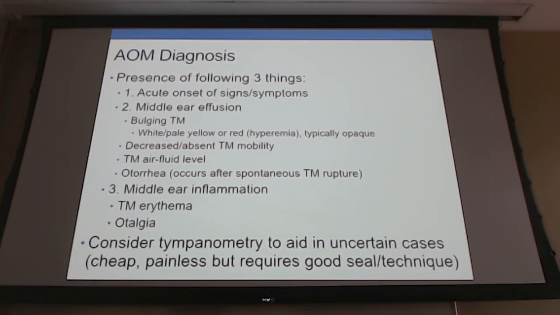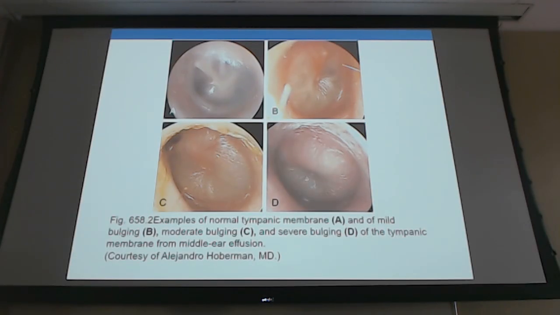I think most clinics do not have a tympanometry anymore. If you find it and have it in clinic, it is a great way to help you diagnose this. Okay? So if you're looking at A, totally normal TM. B, you've got a little bit of fluid buildup. C, you've got more fluid buildup. D, you're starting to look like an infected cervix.